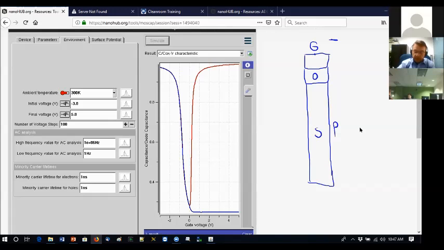It's p-type, so it's rich with holes. Once we apply the negative voltage, all of the holes would try to go there, attracted by the force. It's already a p site, and this portion would be even richer. So we would have a p plus kind of region here, which is what we call the accumulation. The names are not super critical, but if I were to measure a capacitance here, the capacitance would totally come from the oxide.